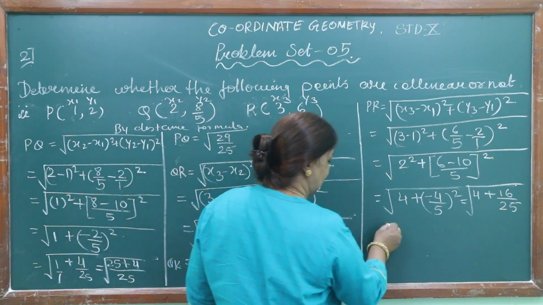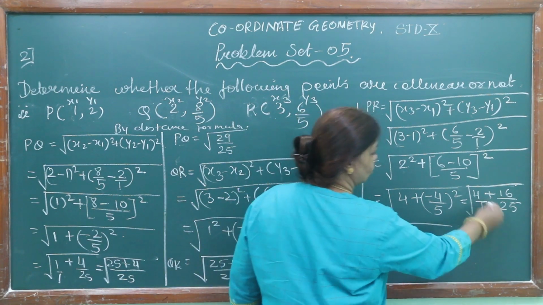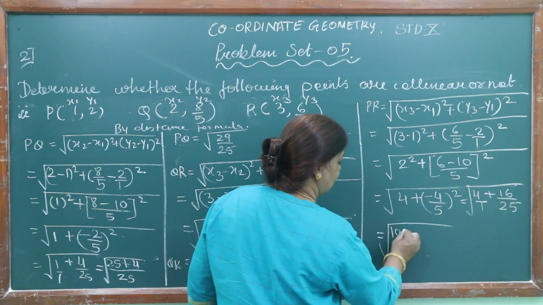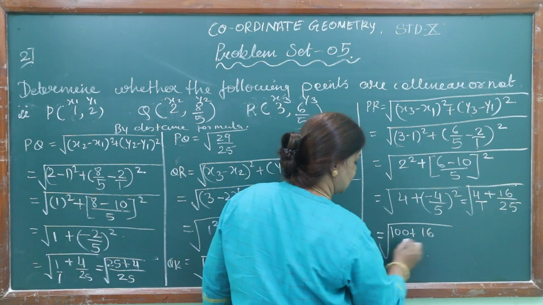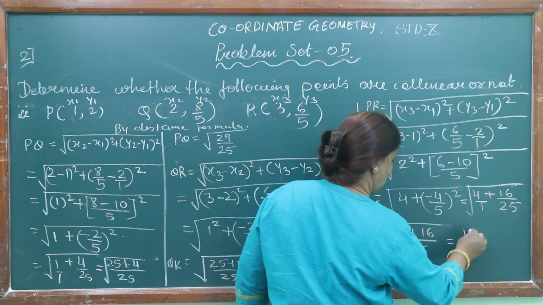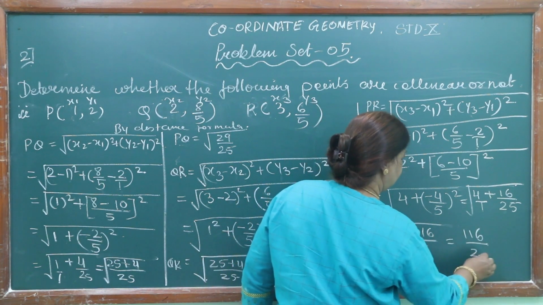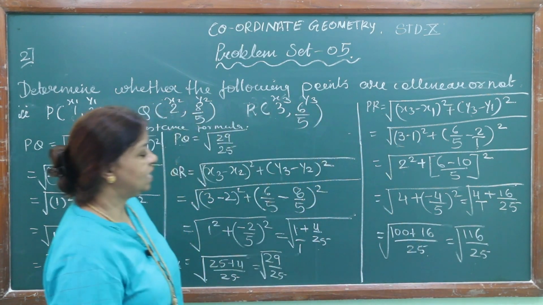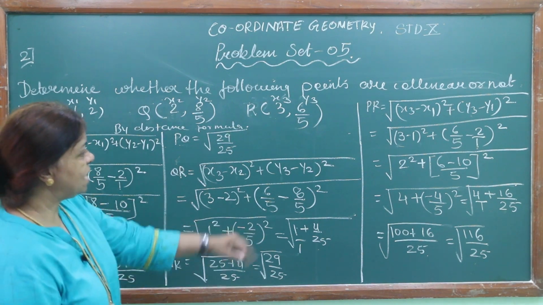Now when we add them, again we have to do cross multiplication, children. 25 4s are 100, 100 plus 16 upon 25, which is equal to 116 upon 25 under the root. So 116 upon 25 is PR.